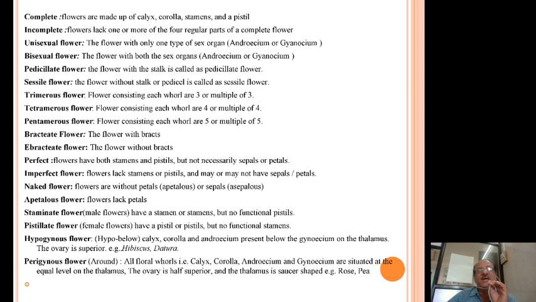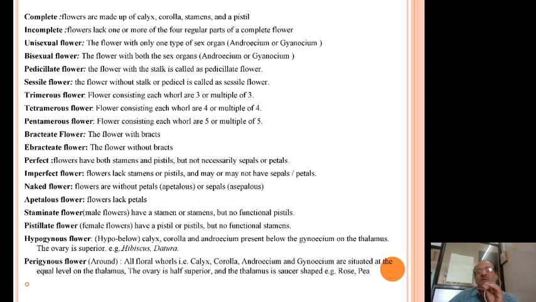If all of them are there, such a flower is a complete flower. When any one of them, either the calyx, the corolla, the androecium or the gynoecium, is lacking, then such a flower is called an incomplete flower.